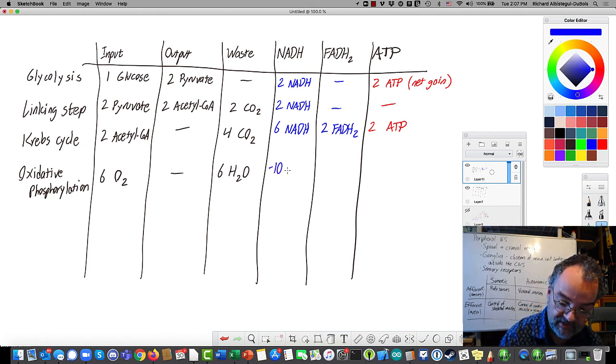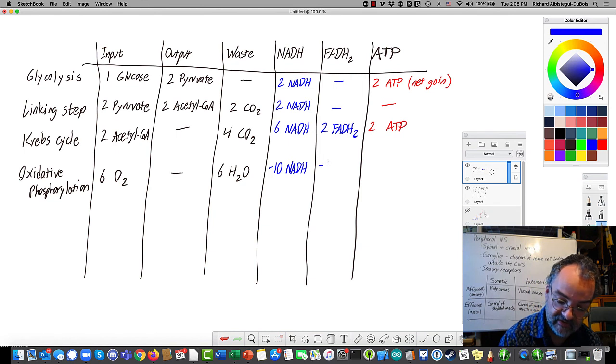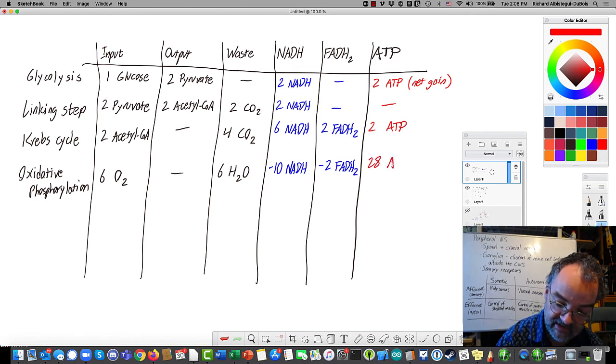So I'm going to represent that as using up 10 NADH, which means we get 10 NAD+ back. Likewise, we're going to use up the 2 FADH2s and get FAD back. And if you remember, we got 25 ATP from the NADH and 3 from the FADH2, so that's a net gain of 28 ATP.